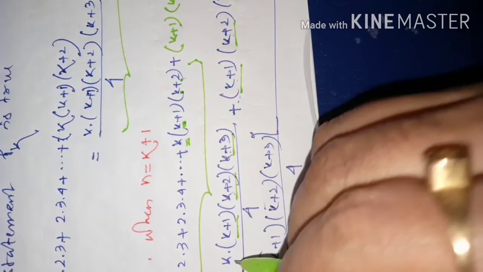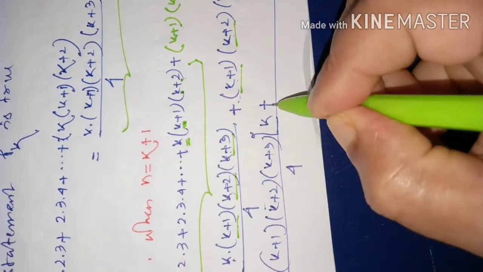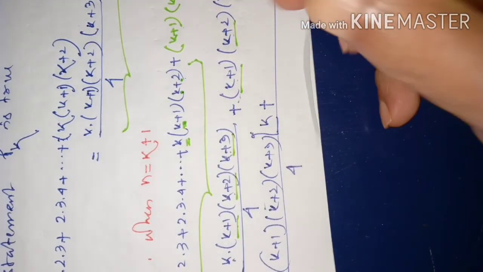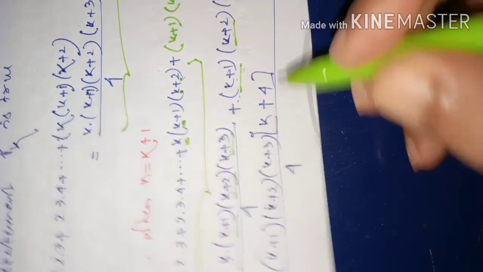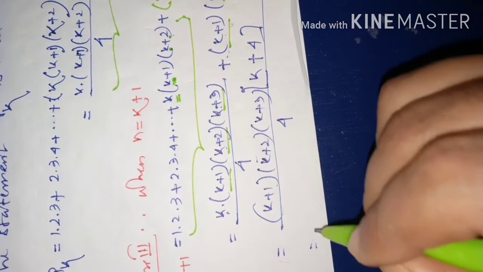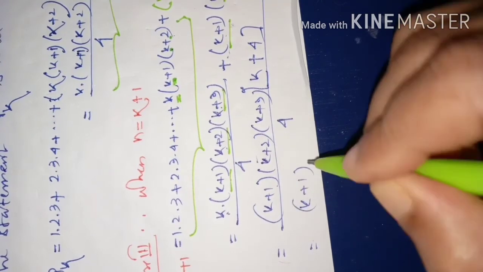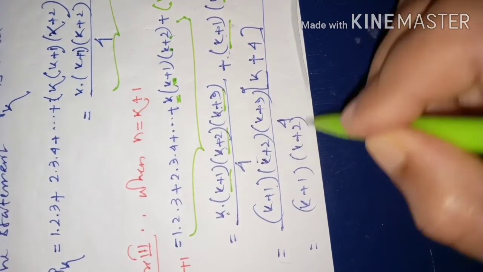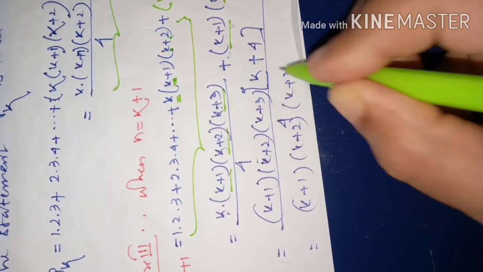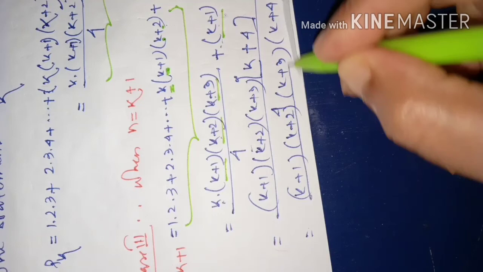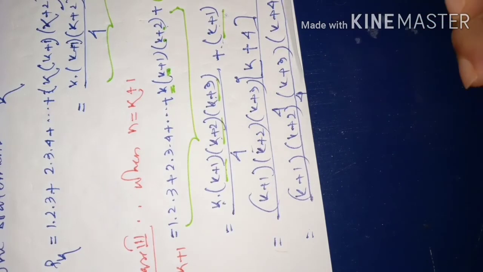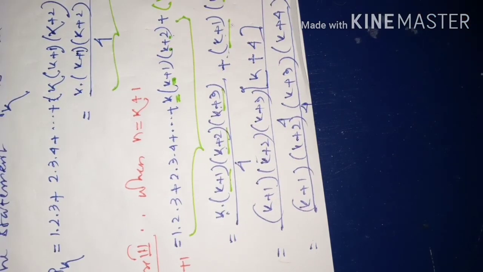Then we will have here k plus 4, and the 4 will be left here. So k plus 1, k plus 2, k plus 3, k plus 4, this whole thing divided by 4. Now look at this expression. It is resembling our first statement.